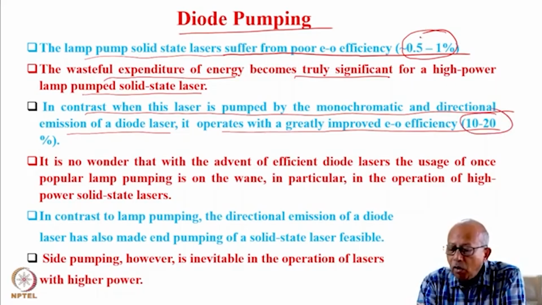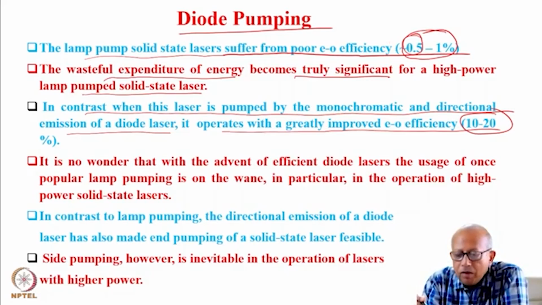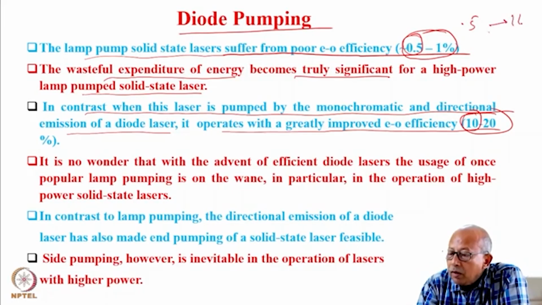Compare, say, 0.5% operating efficiency of a lamp-pumped laser with say 10% operating efficiency of a diode-pumped laser. There is a factor of 20, which is a very big number.